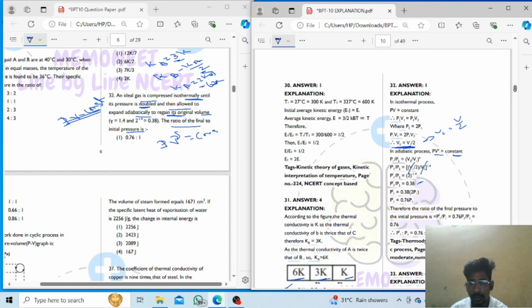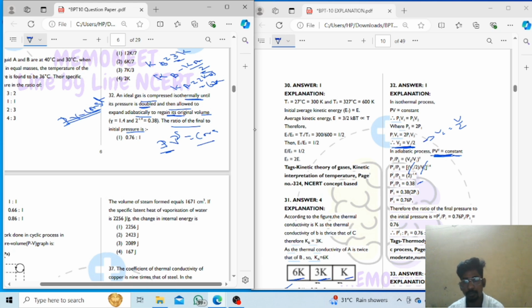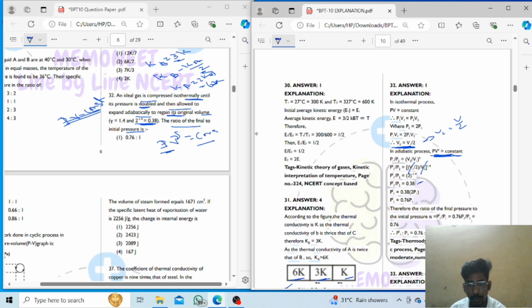In the adiabatic process, PV to the power gamma equals constant. So P3 by P2 will be V2 by V1 whole to the power gamma, because P and V are inversely proportional. P3 by P2 equals 2 to the power minus 0.4, and the value is given as 0.38.